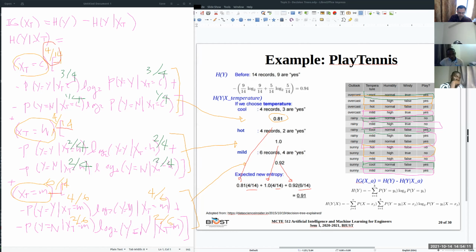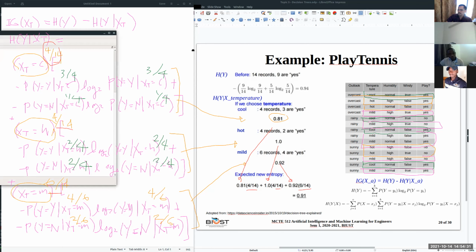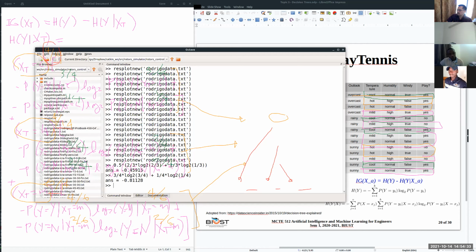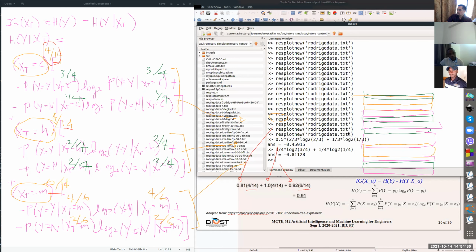So 3/4 times log 2 of 3/4 plus 1/4 times log 2 of 1/4. Minus 0.81. Yeah, this is correct. And the other one, I'm checking here so that you can believe that I don't lie to you.